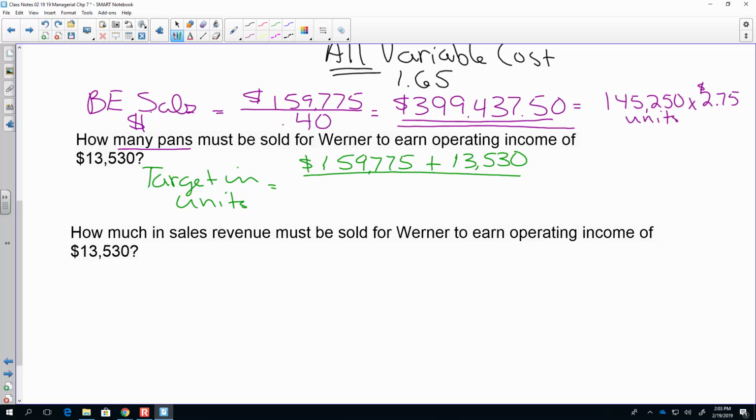And again, we're going to divide by our margin per unit, which was $1.10. So we set it up, come up with our unit number, and then convert the units here to revenue, dollars. And this is question 3 and 4.